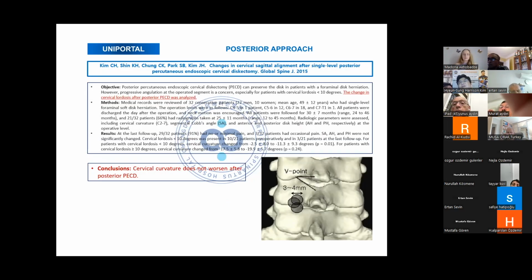Nowadays we know that in the cervical area, the first docking point is the V point, and all doctors know it. After the introduction of this V point, more doctors tried the cervical posterior approach, and more good results could be obtained.